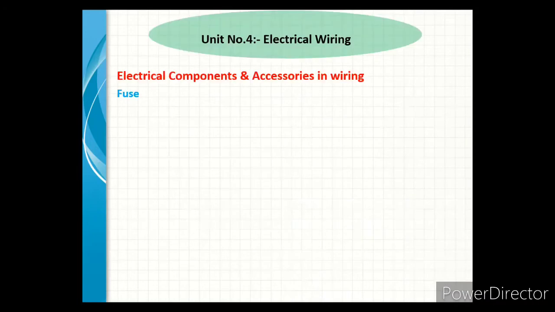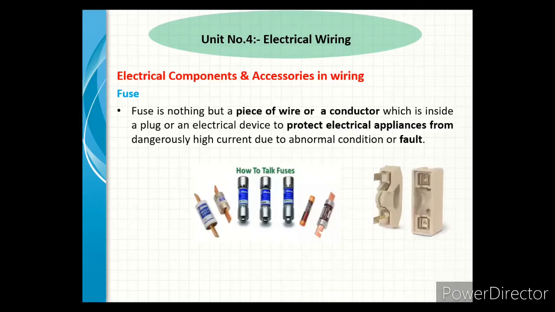Our second component is fuse. Fuse is nothing but a piece of wire or a conductor which is inside a plug or an electric device that protects electrical appliances from dangerously high current due to abnormal conditions or any faults.